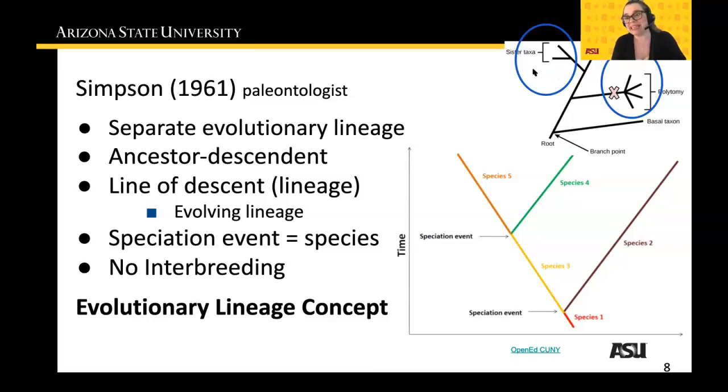So the idea that these sister taxa could exist was something that was viable then, because it could be continually evolving. However, having one ancestral population suddenly give rise to 4 new species was not a concept that he was supporting at the time.